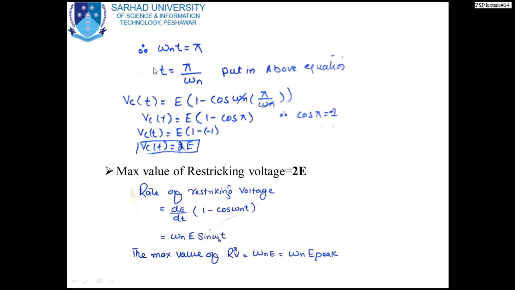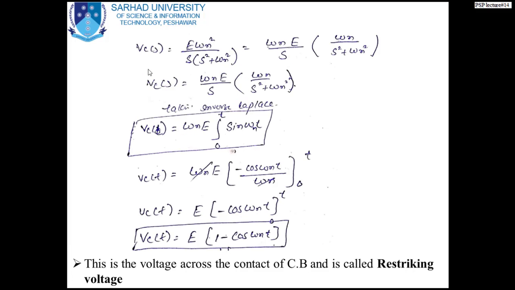The maximum value will occur only when cosine omega n t is equal to minus 1. When cosine omega n t is equal to minus 1, this minus will become plus.